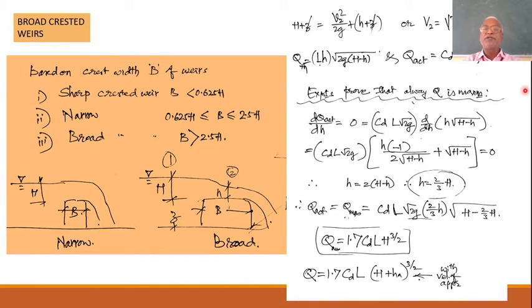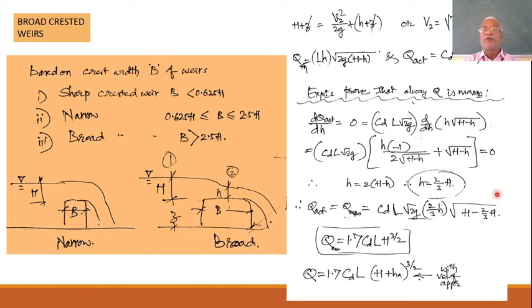Experiments prove that always this Q is maximum. Whatever discharge comes out of a broad-crested weir is maximum. So if this is so, then differentiate Q actual with respect to h, the variable over here, and equate to 0 because it is maximum. So what happens here is Cd L root 2g, and then d by dh of h into root of (H minus h).